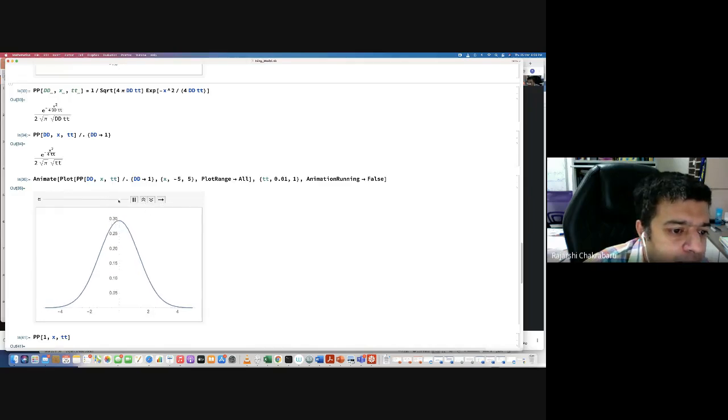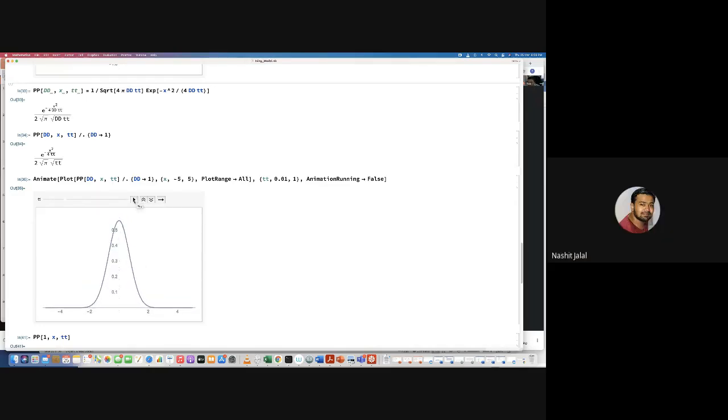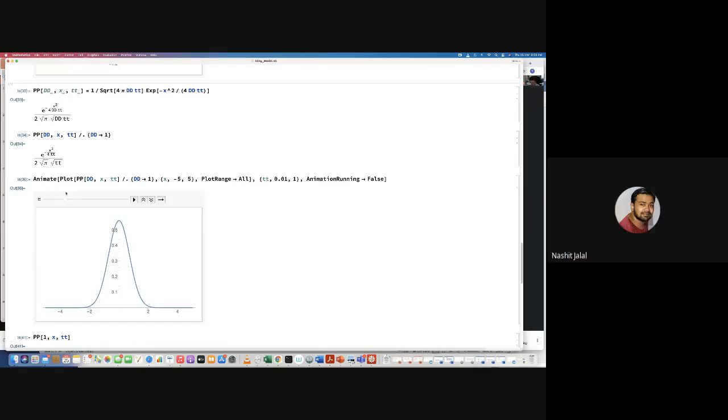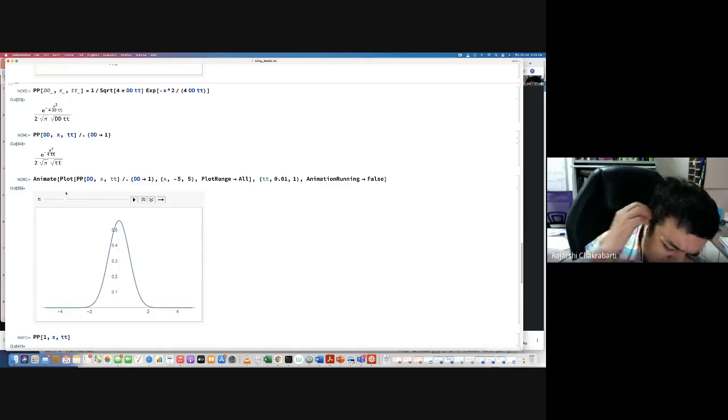Hello, sir. Taking n equal to 1, that is a single particle, how can we physically explain this diffusion? Very easy. Even if you have a single particle, you can think of a distribution of a single particle.